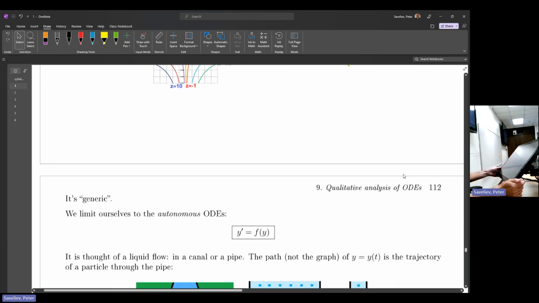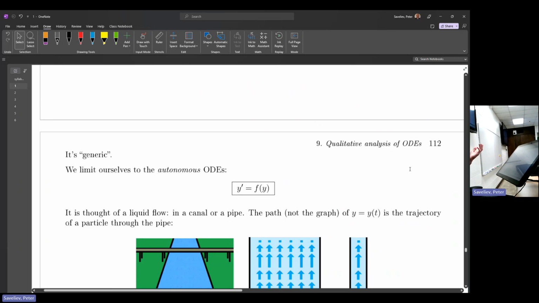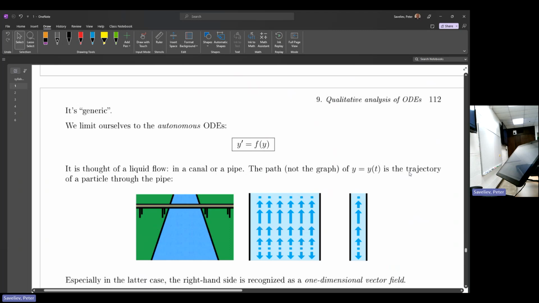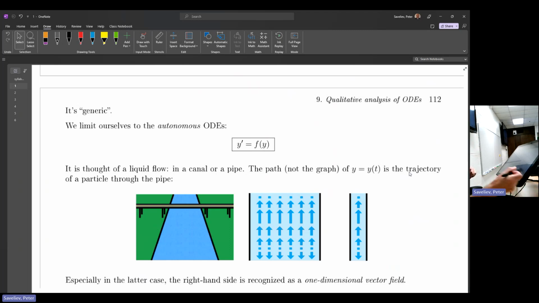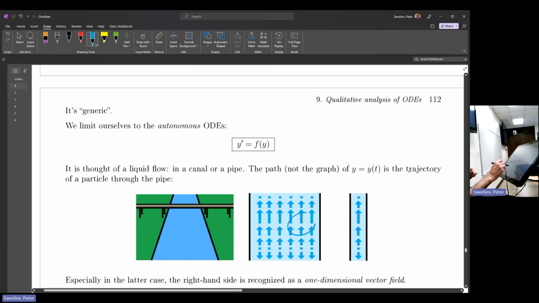We're looking at an autonomous differential equation, so once again it's a canal or a pipe with a flow that does not depend on time, so there is no t over there. The flows might look like this, and the main situations are either everything is generic, or there is a stationary solution there.